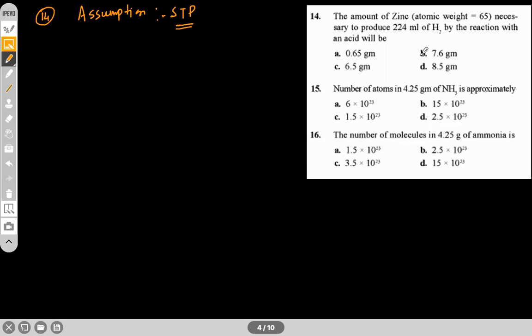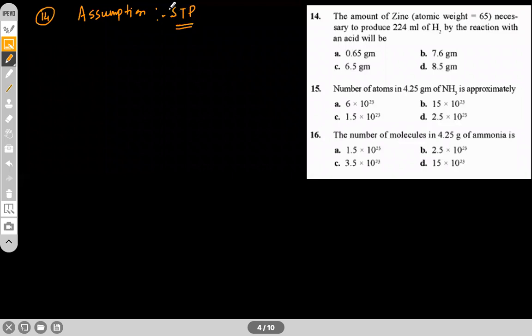So the amount of zinc that is necessary to produce this, right? Obviously zinc can eliminate hydrogen gas from any acid like H2SO4. Zn plus H2SO4 gives ZnSO4 plus H2.